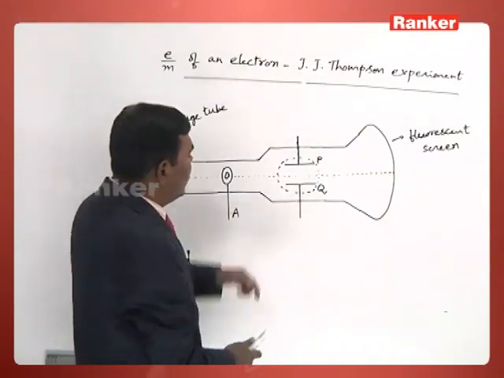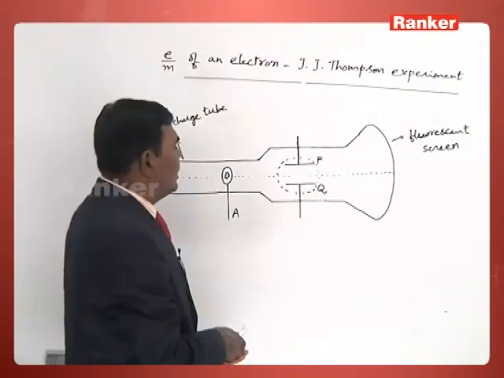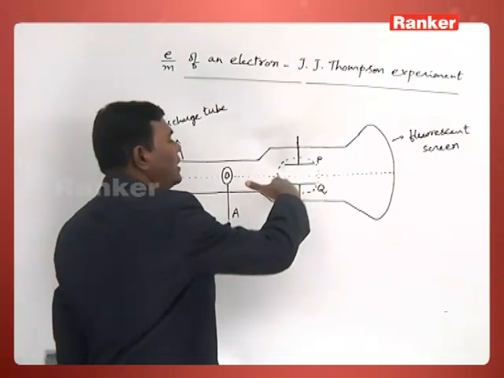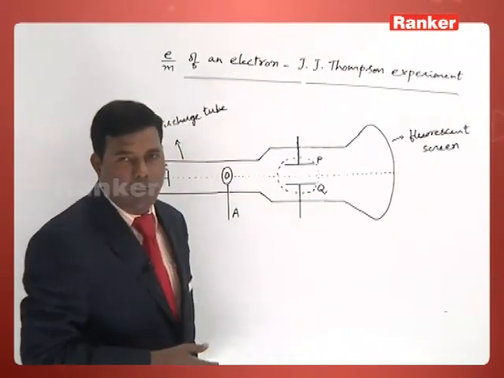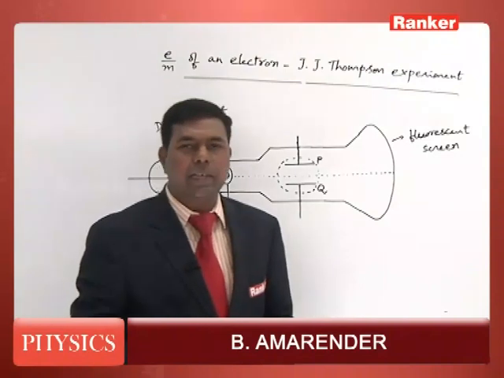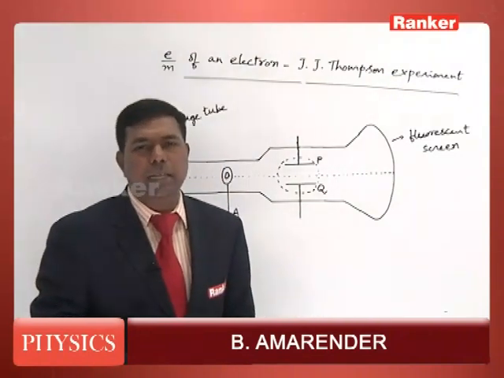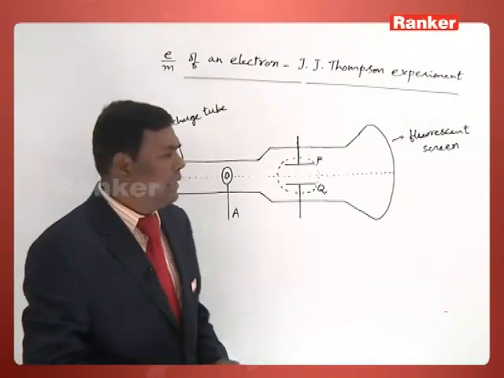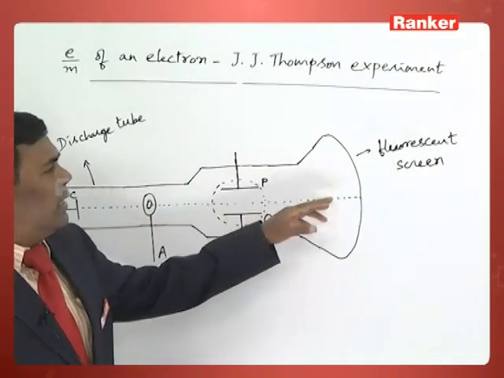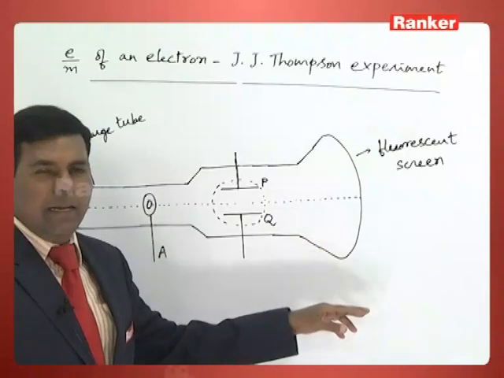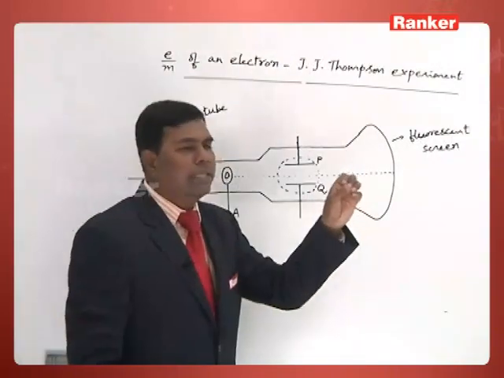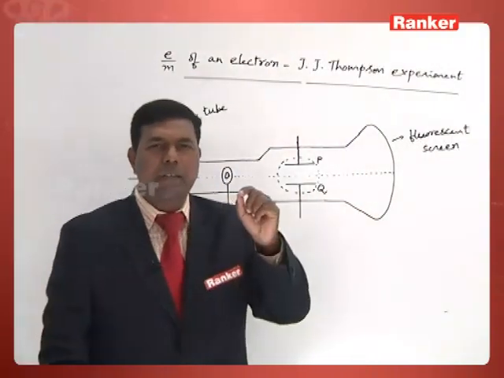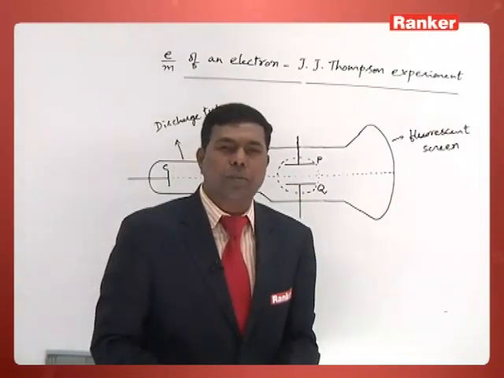If the electric field is in this direction, then the magnetic field is applied in a direction perpendicular to the electric field. Both fields are perpendicular to each other, and such fields are known as crossed fields. Next, the electron beam strikes a fluorescent screen, and on that it produces a glow with which you can identify the position of the electron beam.